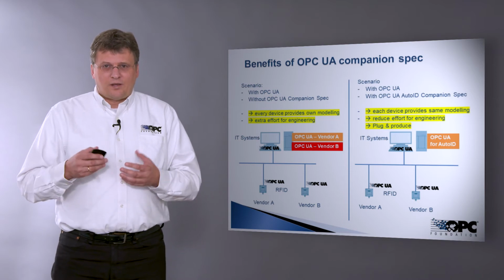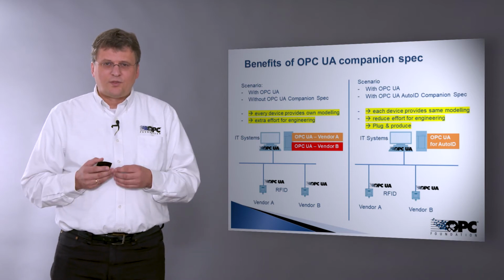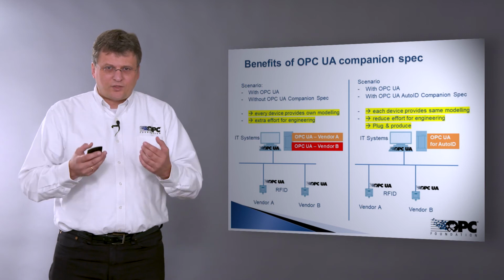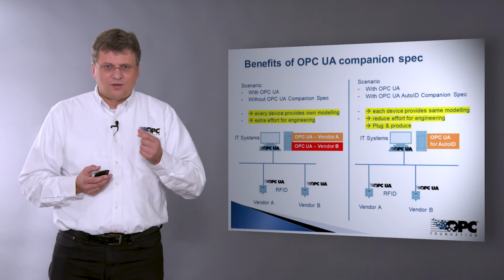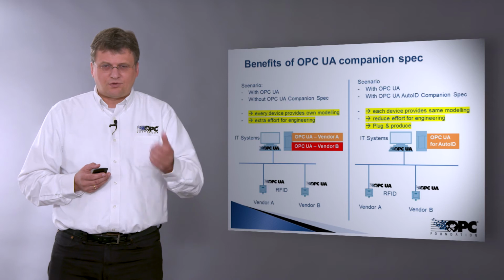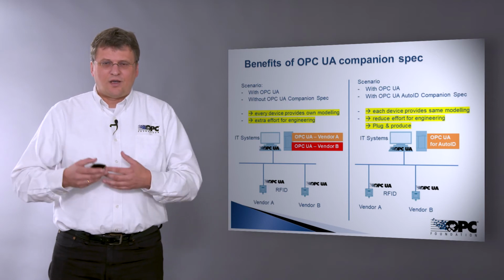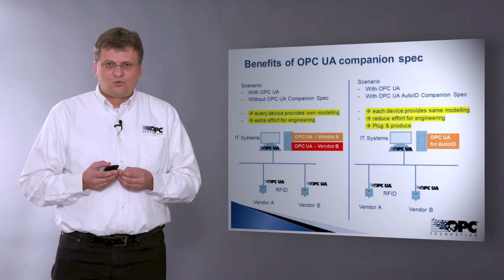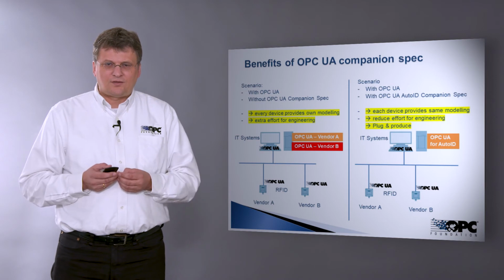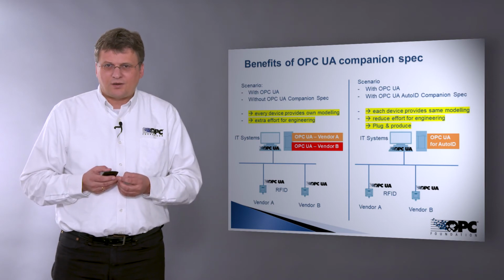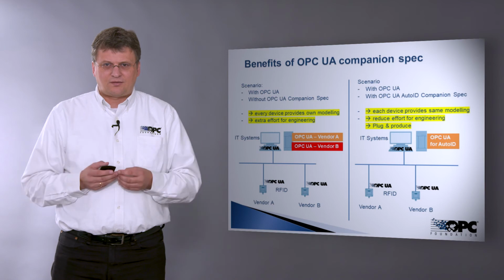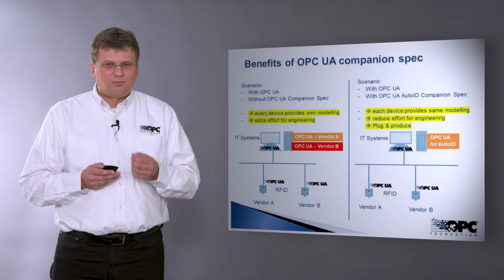And now if you are a client and you want to consume the data, you just have to think about which methods you need, the read tag, the kill tag, the write tag, and immediately you have access to a huge number of devices in that vertical market, and you can choose the best device for yourself. So we are reducing engineering efforts a lot. It's really about plug and produce.